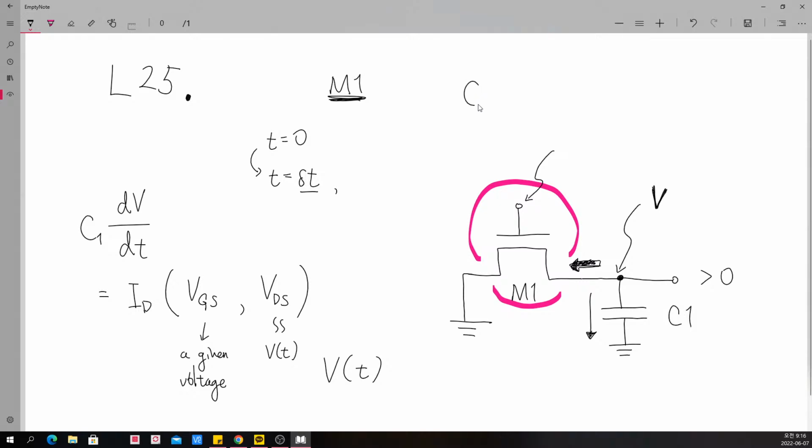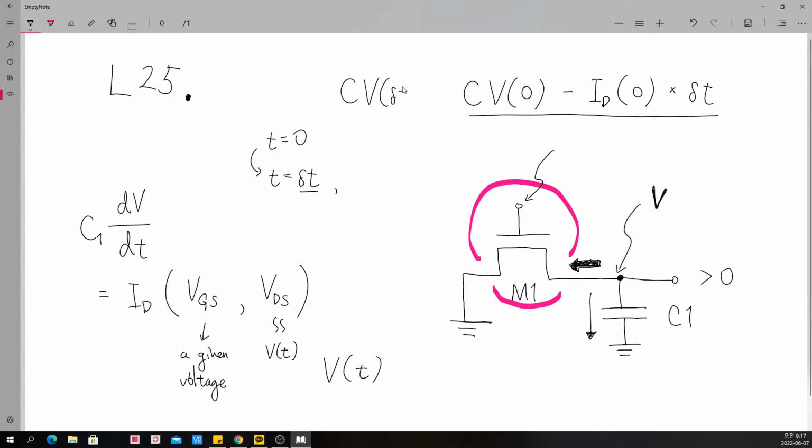Initially we had a charge corresponding to this one. However, we have a loss of charge due to this leakage. So what we will have is ID calculated at time t multiplied by the time step delta t. That will be the change in the value of our C times V at delta t. Yes, that will be the case.